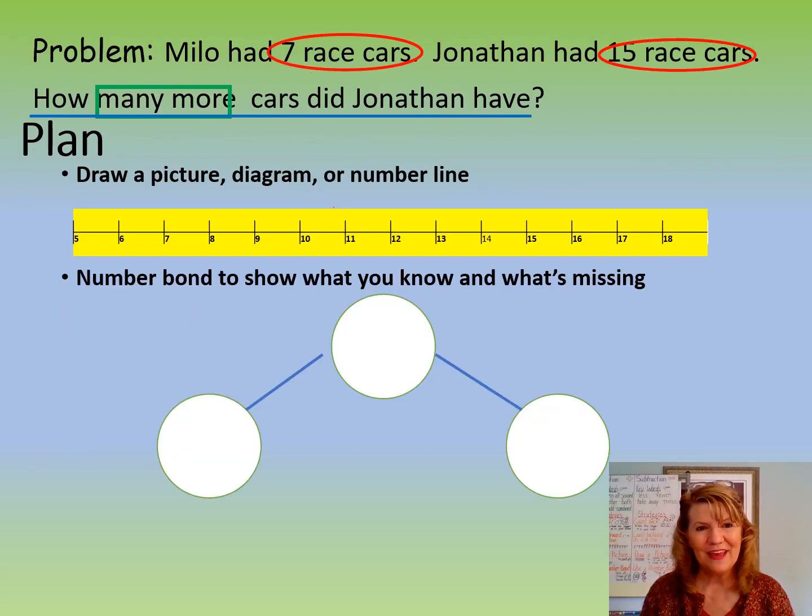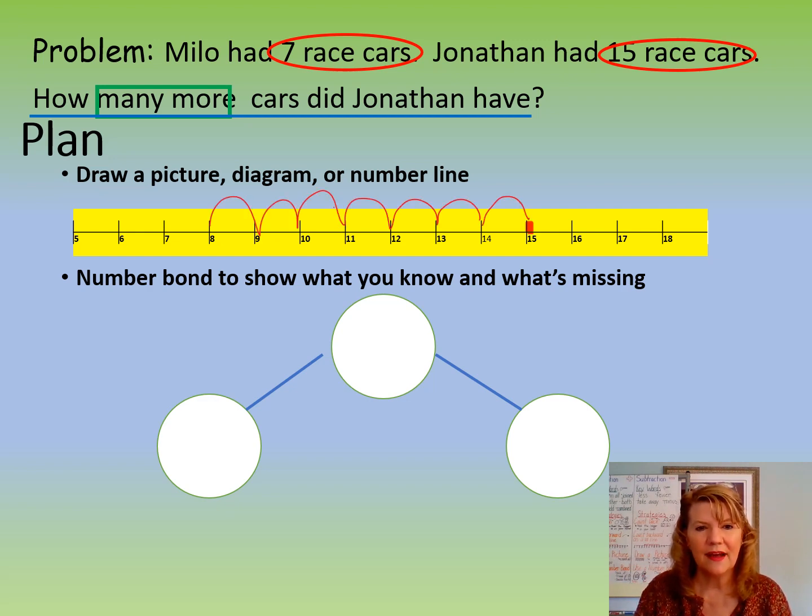We are on P for the UPSC method. Plan. Draw a picture, diagram, or a number line. I'm using a number line. I started on 15 on my number line because Jonathan had 15 cars. I counted back 7 because Milo had 7 cars.